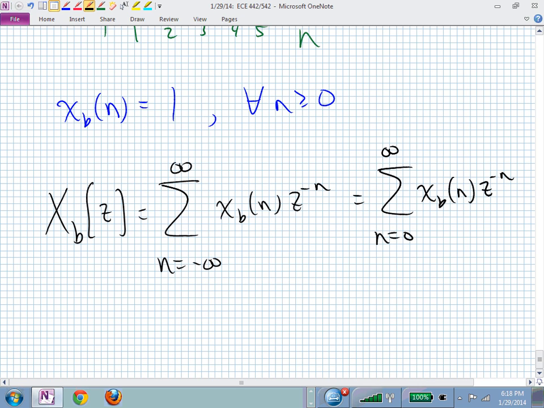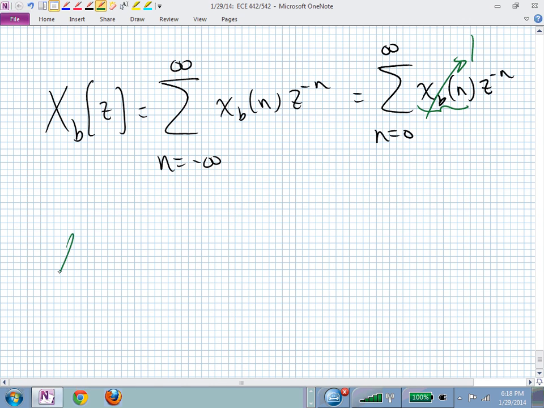Are we okay there? And this is just 1. So now I have x sub b of z is 1 times z to the 0 plus 1 times z to the minus 1 plus 1 times z to the minus 2.